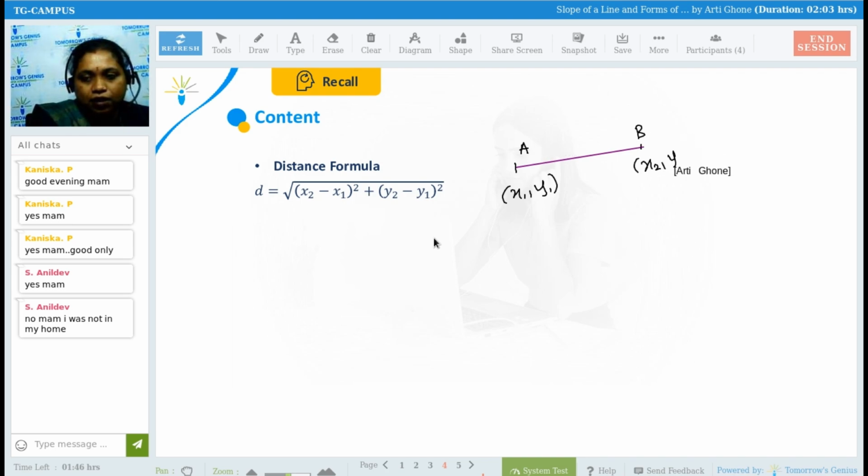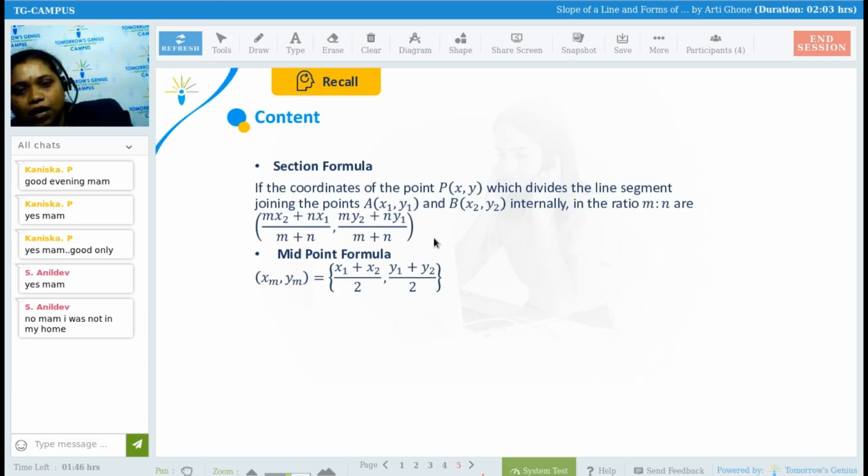Then the formula for the distance AB is the square root of (x2 minus x1) whole squared plus (y2 minus y1) whole squared. Remembered? These things are useful now. Hence onwards, distance and section formulas are going to be regularly in your calculations. So this is one thing we need to recall.